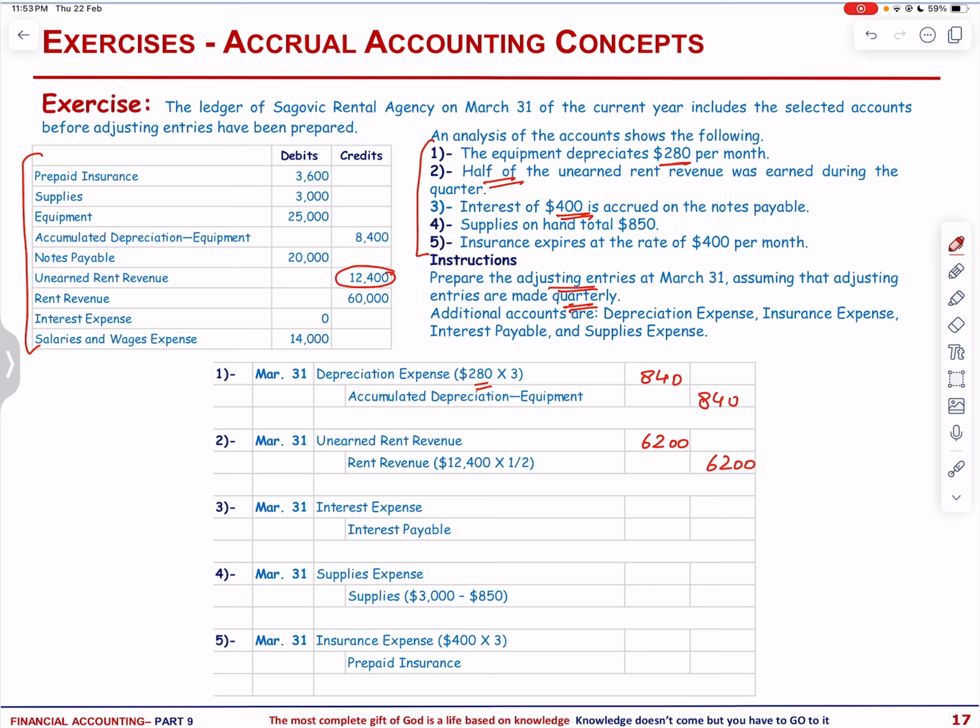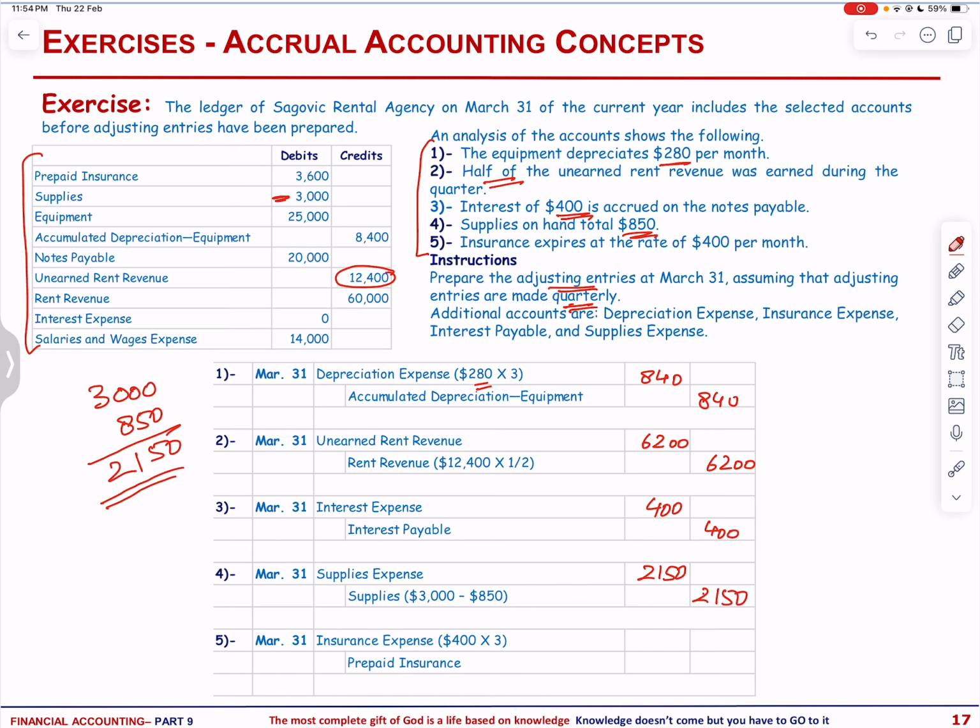So we have interest expense of 400 and it is accrued, we have not paid, so interest payable is credit. Supplies on hand is 850. Now you can see that supplies are 3000 and on hand is 850. That means 2150 has been consumed.